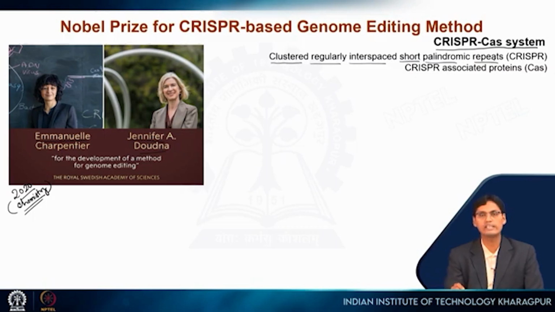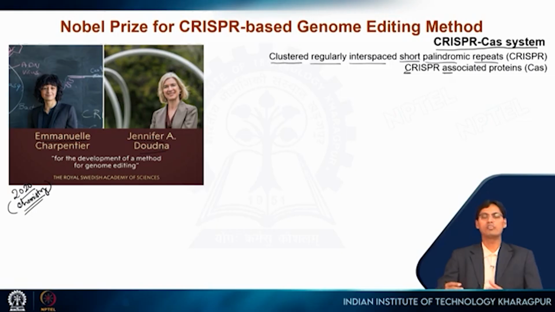I will give you the idea of what CRISPR is. And Cas here means CRISPR-associated protein. So this is the Cas system. Together, this CRISPR-Cas can be utilized as a very robust method, and it is very useful nowadays even for academic research.